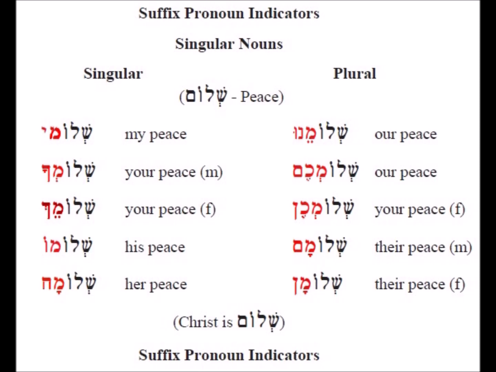Shalomkhem would be your peace in the plural. Shalomkhen would be your peace, the feminine plural. And shalomam would be their peace, masculine plural, with the suffix an, shaloman would be their peace, feminine plural.